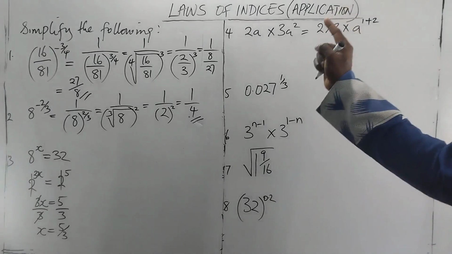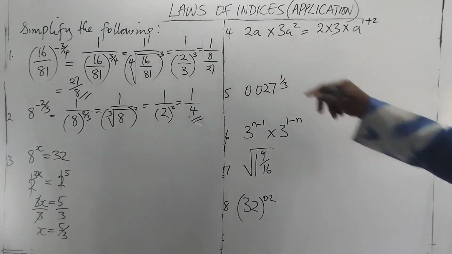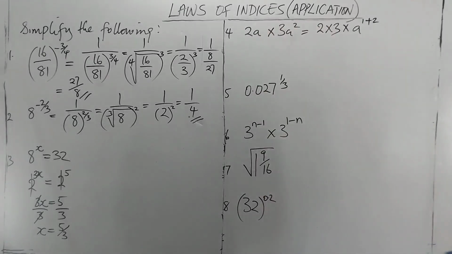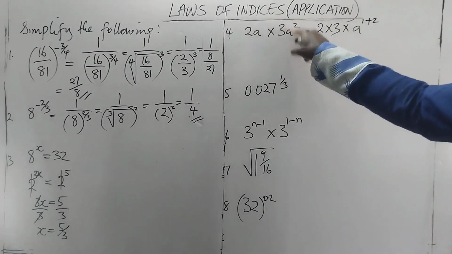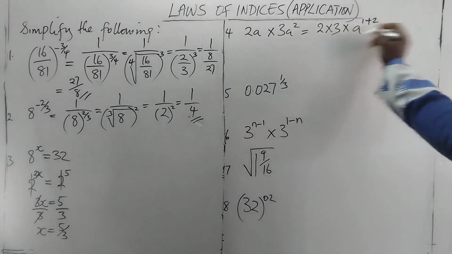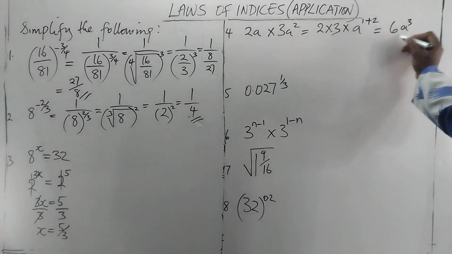Remember, multiplication law. When two numbers or letters are the same and you are multiplying them, all you need to do is add their powers. And that's what I did here. This one has power 1, this one 2, so you add them. And finally, 2 times 3 will give you 6, times a raised to the power 3.